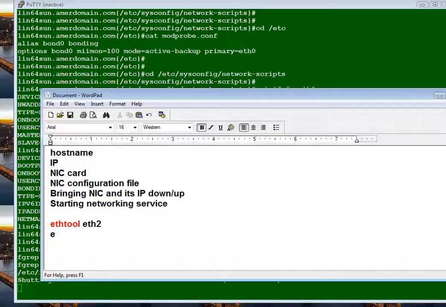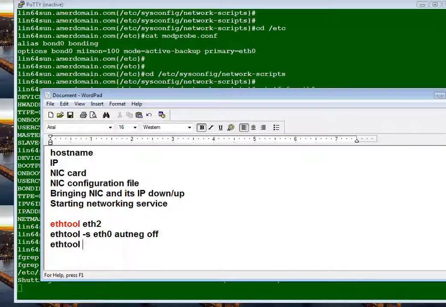In that case, for example, if you want to set auto negotiation off, then ethtool -s eth0 autoneg off. Here autoneg means auto negotiation, and this -s means set on this ethernet card, and what is to be done, so auto negotiation off.